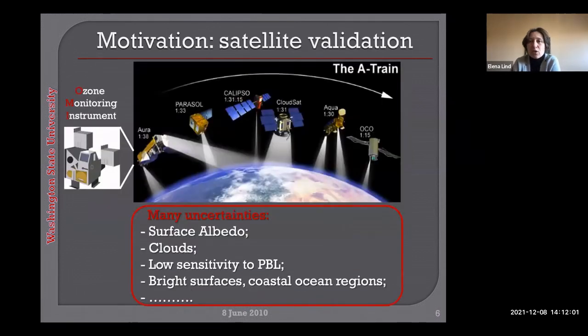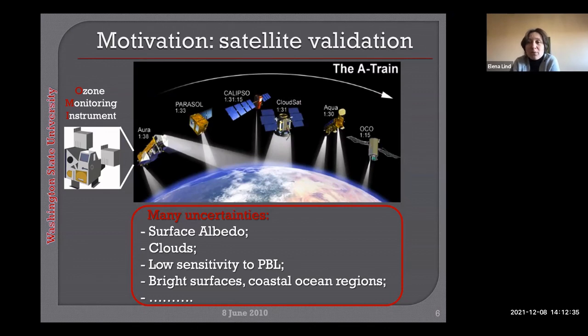So the next best solution will be to use satellites. The satellite monitoring is great because you can have a full coverage of Earth if you're in sun-synchronous orbits. Usually it's once per day. You can fly over the same location at about the same time and have this full coverage. Now we are seeing the next generation of air quality instruments that are located in geostationary orbit.